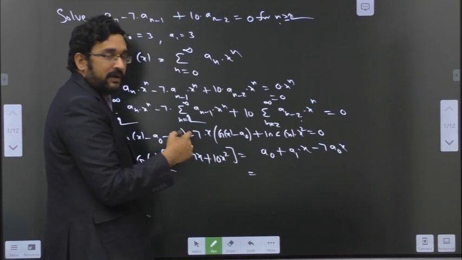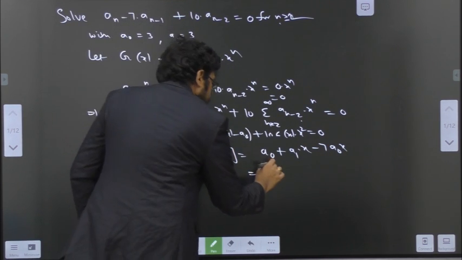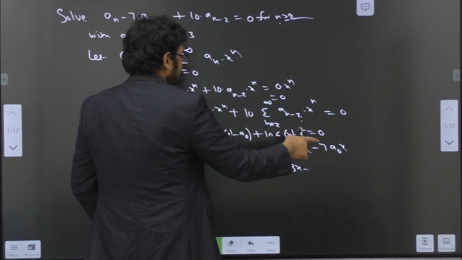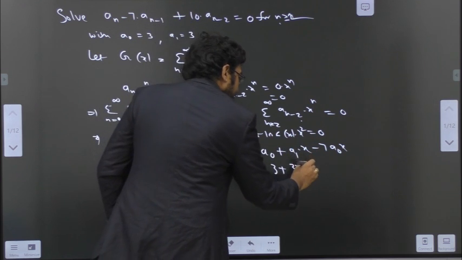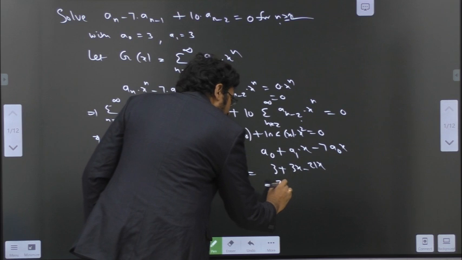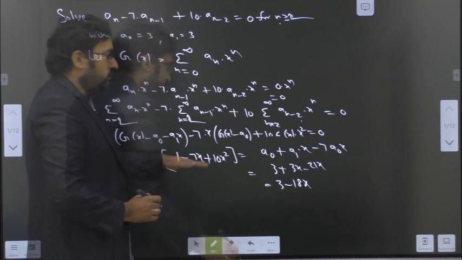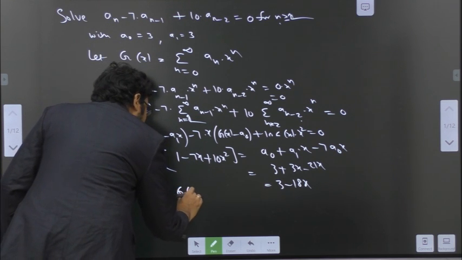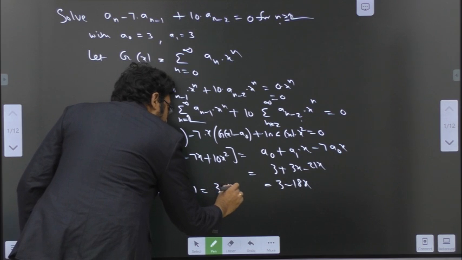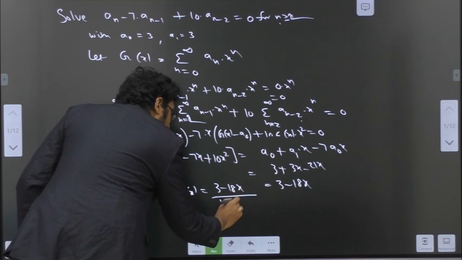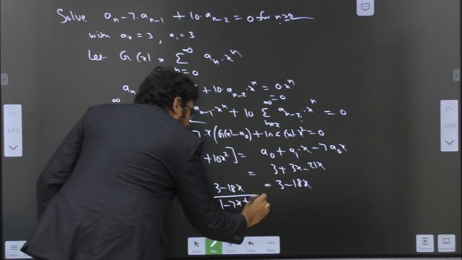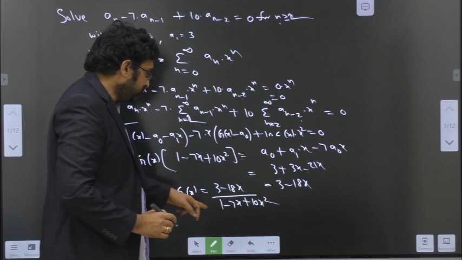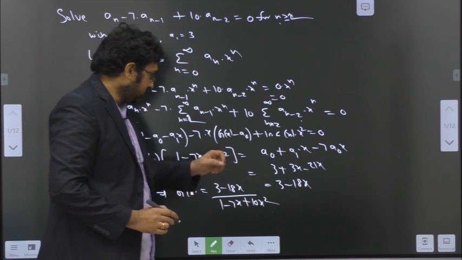Now substitute the a_0 and a_1 values here. a_0 means 3, so 3 plus a_1 means 3x, minus 7 times a_0 which is 3, 7 times 3 is 21x. So 3 minus 18x. Now take this term to the right side. That implies g(x) equals (3 minus 18x) by (1 minus 7x plus 10x squared). So now we got g(x) equal to (3 minus 18x) by (1 minus 7x plus 10x squared).